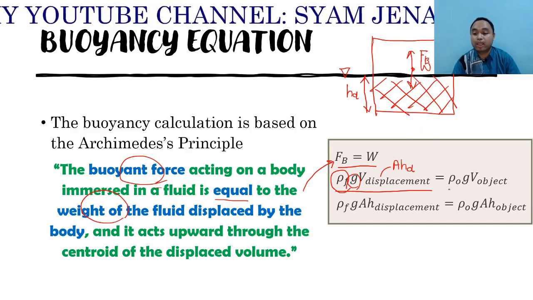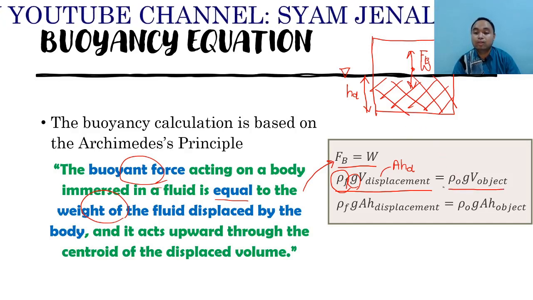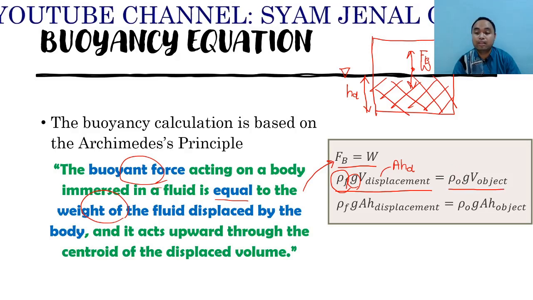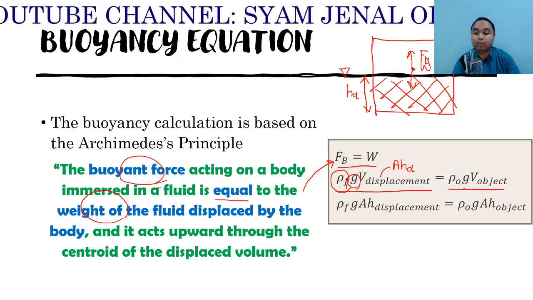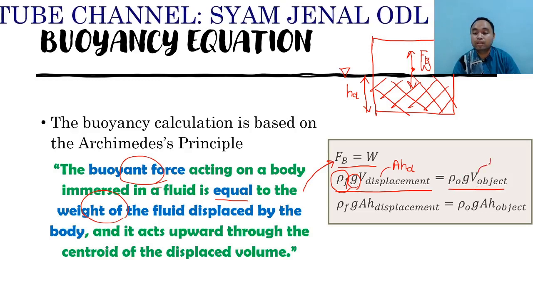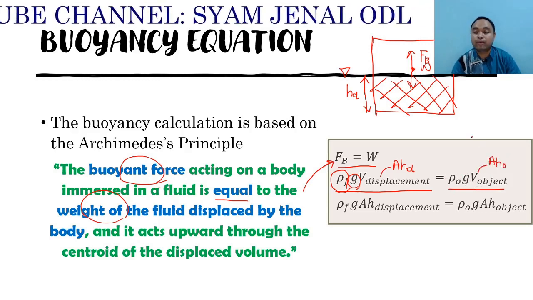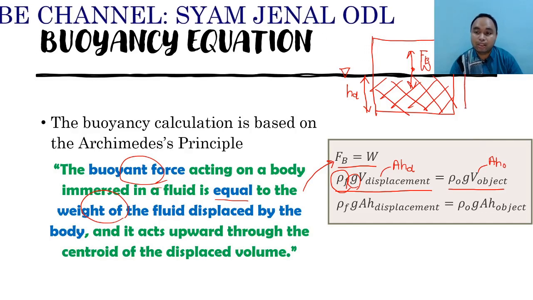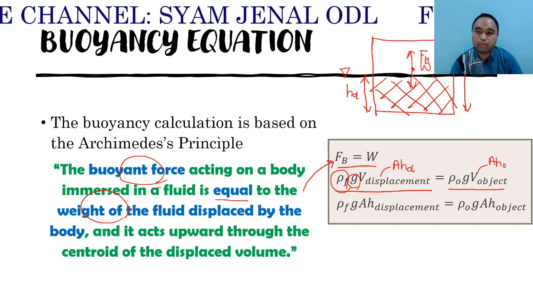For the weight of the object, it is the density of the object times 9.81 meter per second squared, but with a different volume, which is area times H object, and H object is the total height of the body over here.